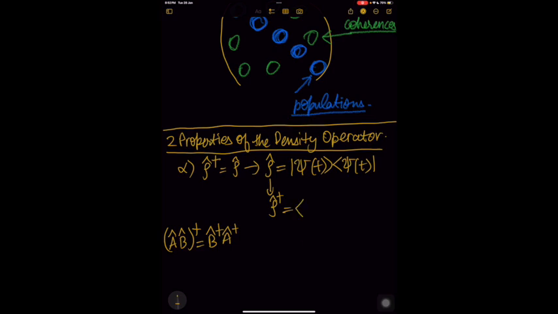So what that would mean is ket psi of t times bra psi of t, and you have to take the Hermitian conjugate. What that would give you is ket psi of t bra psi of t, which is just equal to rho hat. So of course it's Hermitian.